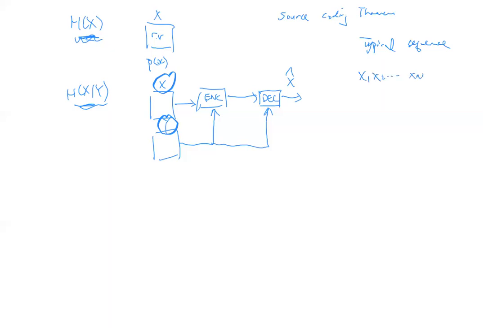Maybe I'll shorthand it with x bar, or put a bar underneath, just not to be confused with an expectation of x. So the vector x is a sequence of x1 up to xn.